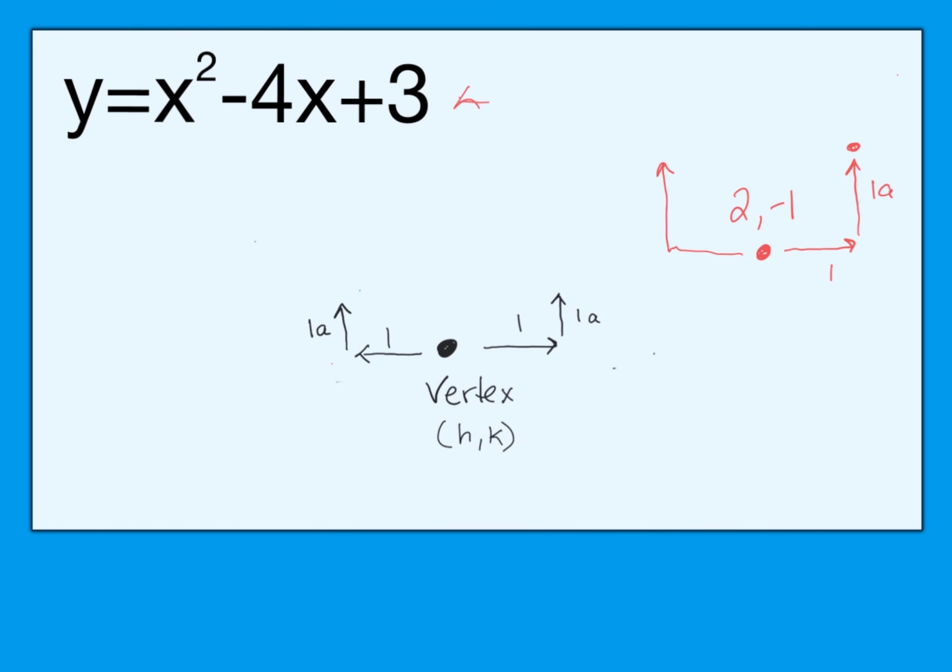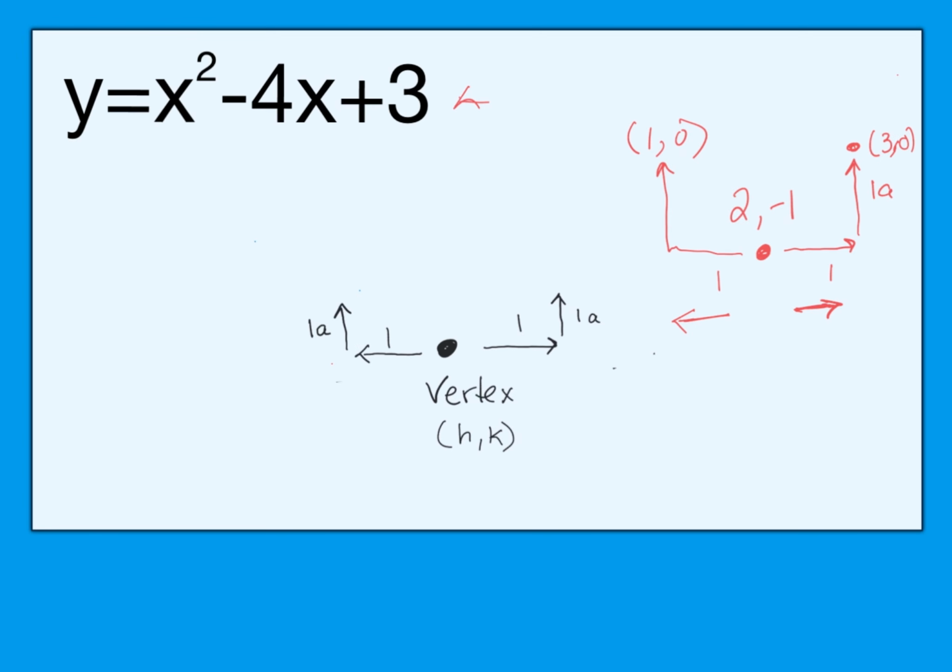Over 1 would be 3 in the right direction, right? Up 1. So that would have been (3, 0). That's how you got that next point. And going left, over 1 to the left of 2 would be 1, up 1, that would be (1, 0).